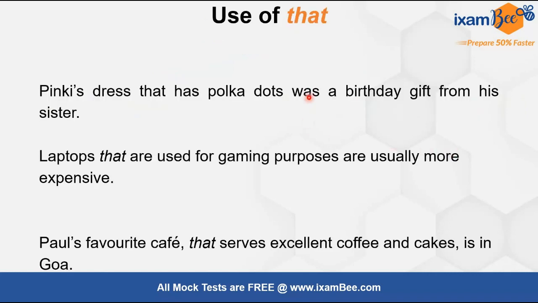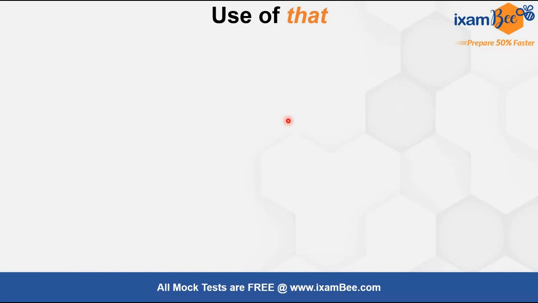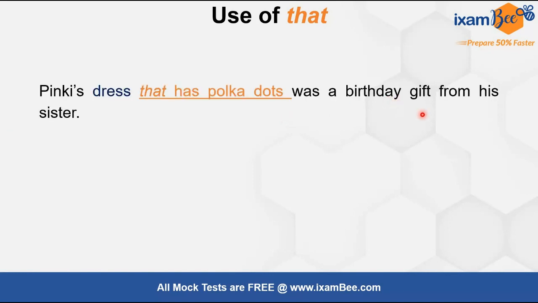These are three sentences which are using that. Now we will see which sentences are using that correctly, the kind of sentence that should use that, and the kind where we should use which. The first sentence says, Pinky's dress that has polka dots was a birthday gift from his sister.